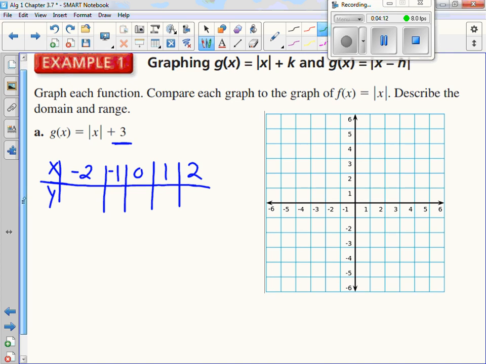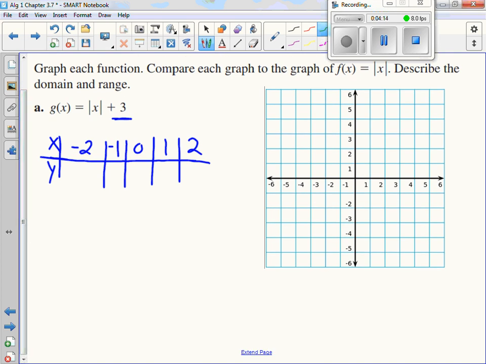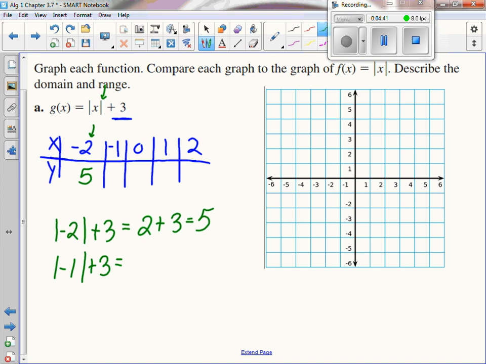Now to find the y values, we're going to plug in these numbers. The first one I'll do is the absolute value of -2 plus 3. I'm plugging in -2 for x. The absolute value of -2 is 2, and 2 plus 3 is 5. Then we'll do -1: the absolute value of -1 is 1, plus 3 gives us 4.